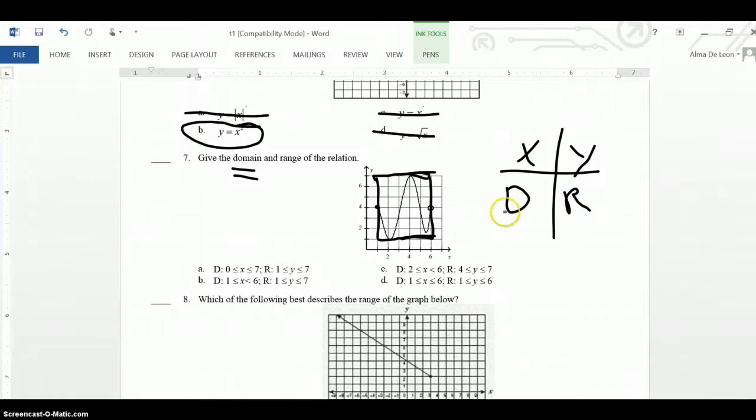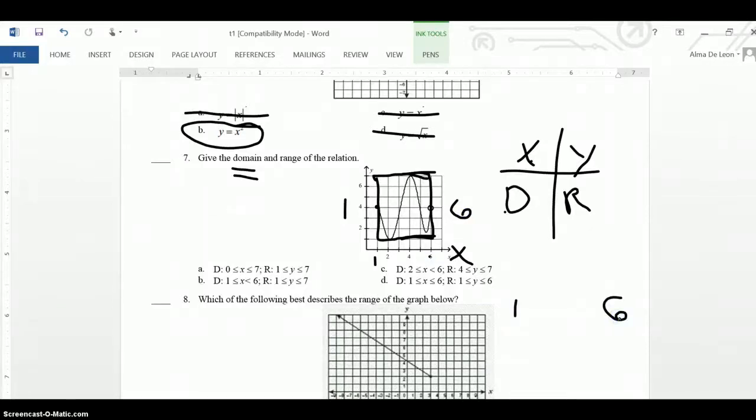If we're looking at domain, we're looking at our x values, which means we're looking at our x-axis, which goes from side to side. Here we can see that our x value on the left side is 1. Our x value on the right side is 6. So our domain is going to go from 1 to 6.